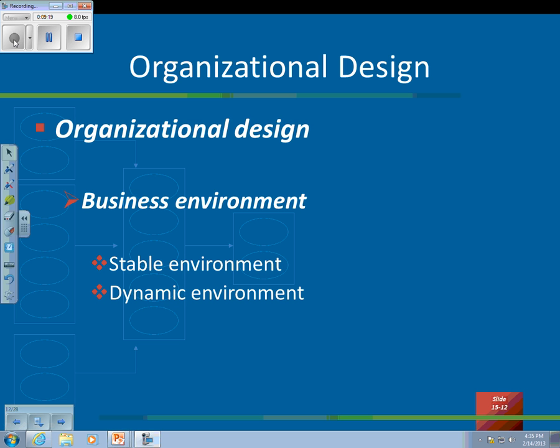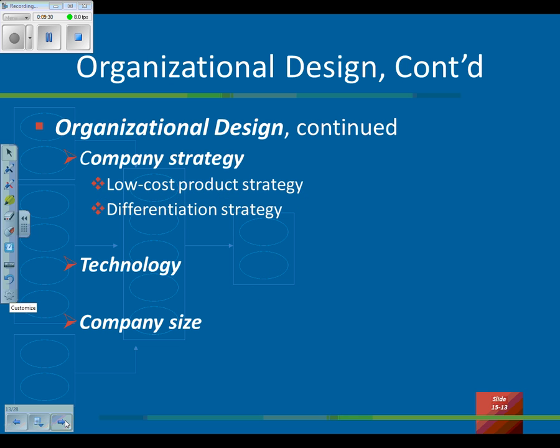So when we have a changing environment and you match that with business strategy, okay, we look at strategy, technology, and company size as well. We may see a differentiation strategy going along with an organic structure because it's in a dynamic environment.